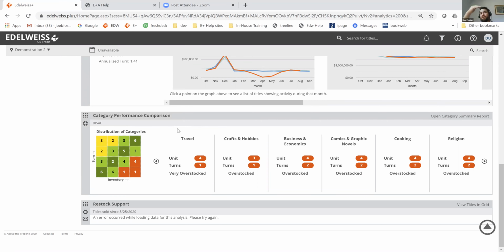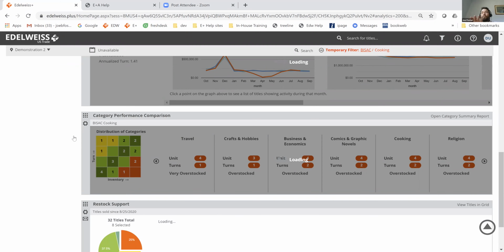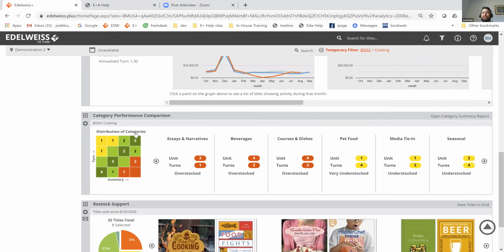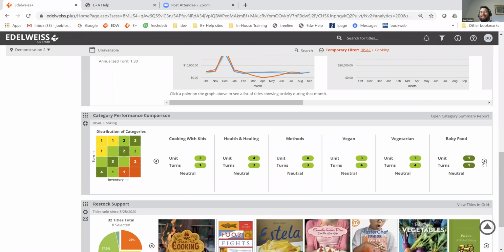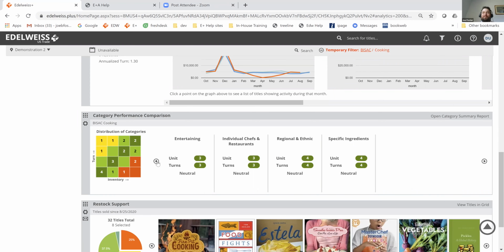Because BISAC is a striated sort of categorization system, you can, for example, look into cooking, which creates a temporary filter up here, and you can see which types of cooking books you do the best with or the worst with. Then as you continue looking, you can say, show me history of food and cooking, and you can dive into that even a little bit deeper.